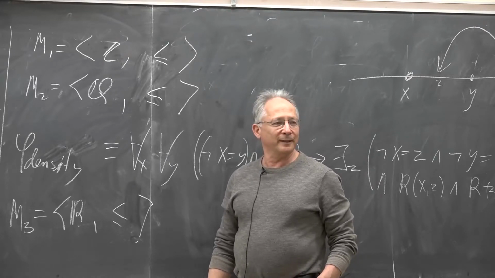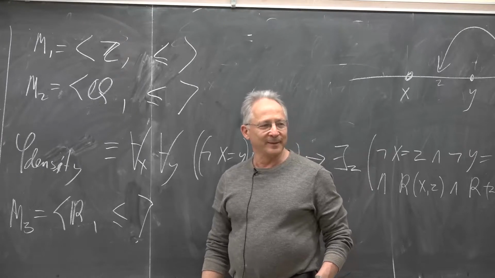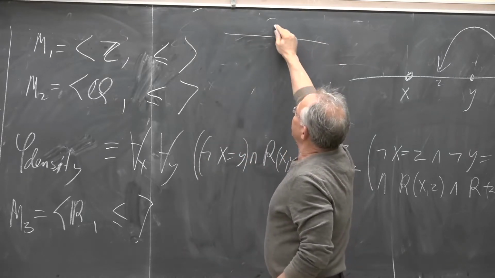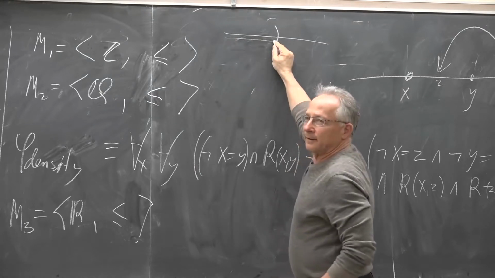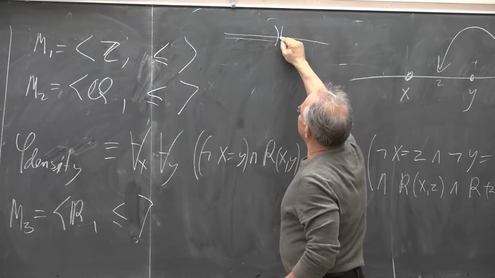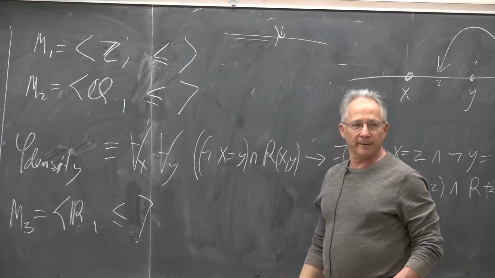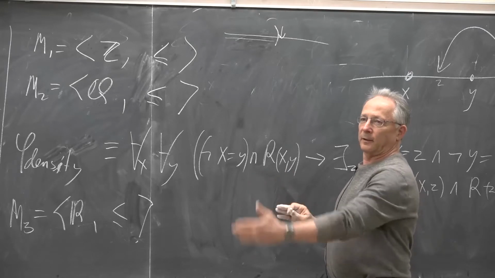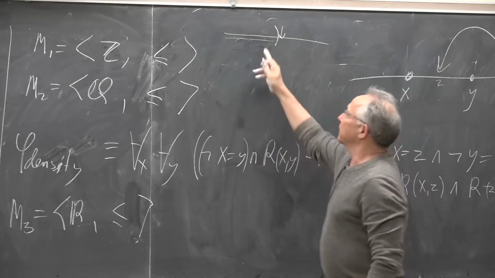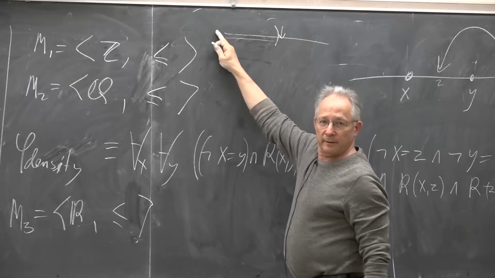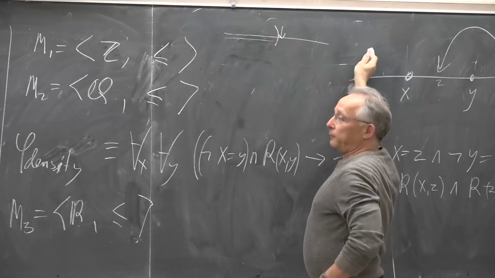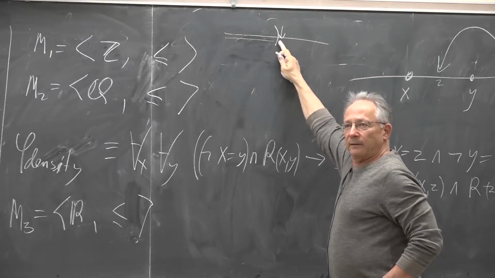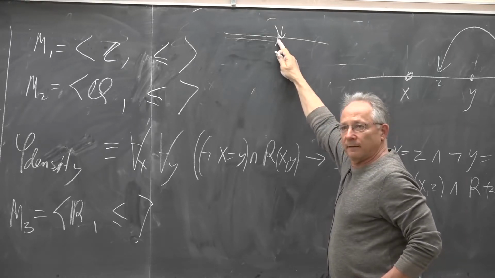Have you heard about Dedekind cuts? It is the property that whenever you have an initial segment, there is a least upper bound to the initial segment. If I take a collection of points that is downwards closed, that is, if a point is here, everything below it is here, and it's not everything, then there is a least element that is outside or a maximal element inside.